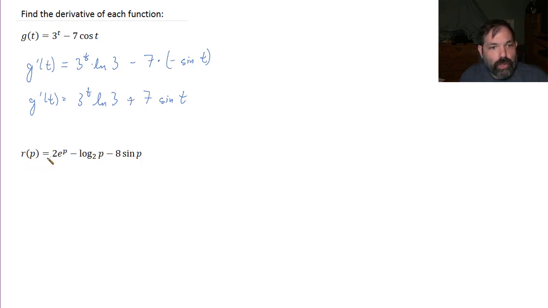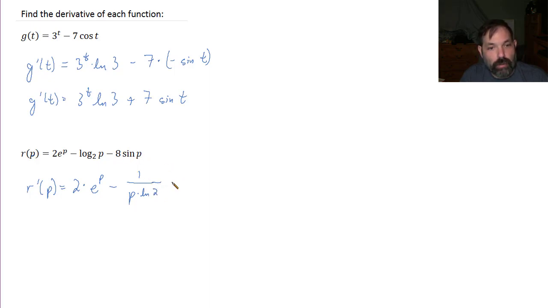R of p is 2 e to the p minus log base 2 of p minus 8 sine p. Why don't you try this one on your own? Pause, see if you can find the derivative. All right, r prime of p would be 2 times, now p is my independent variable, my input, so the derivative of e to the p is e to the p, minus log base 2 of p, that would be 1 over p times the natural log of 2.